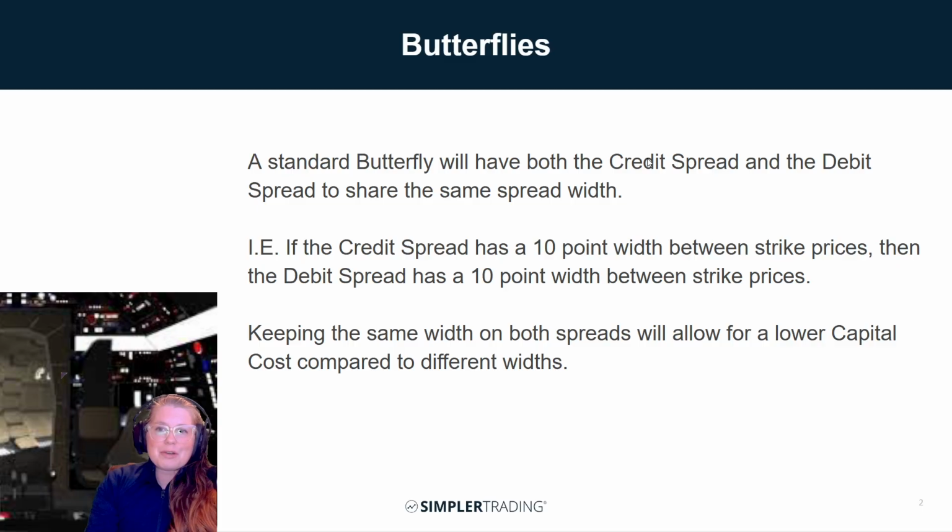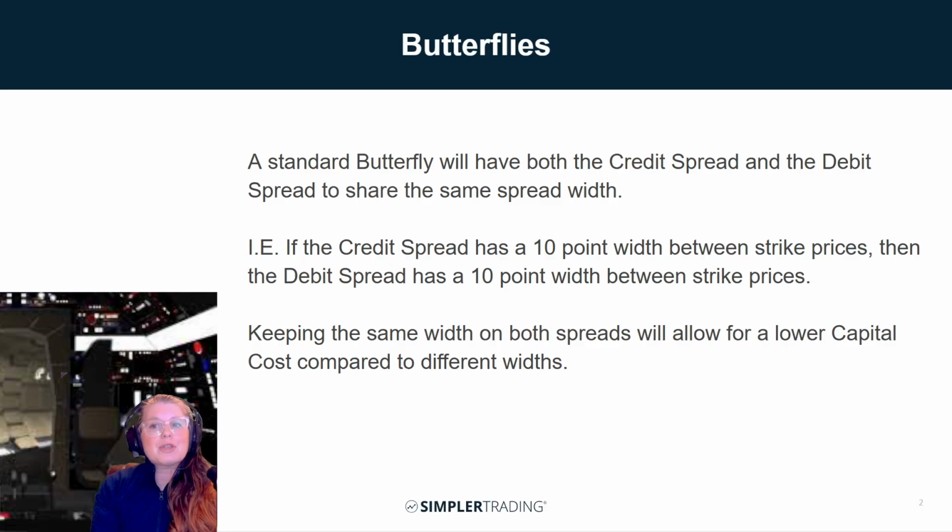A standard butterfly, which is what we're going over here specifically in this video. There are a lot of different types of butterflies, but the most generic version of it, right, the simplest version to kind of start off with to understand the more complex ones, is what most people will refer to as a standard butterfly. And a standard butterfly will have both the credit spread and the debit spread share the same spread width.